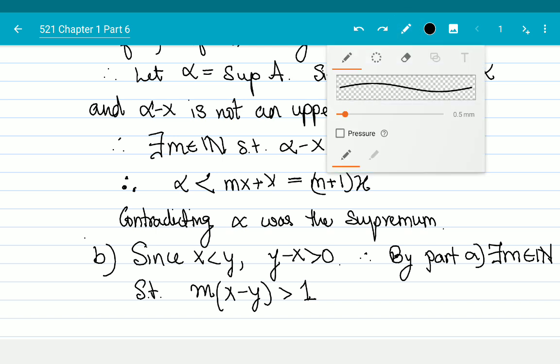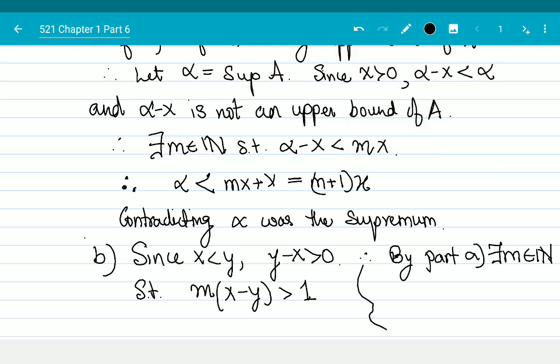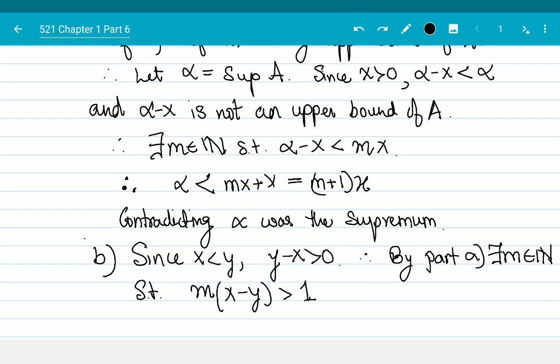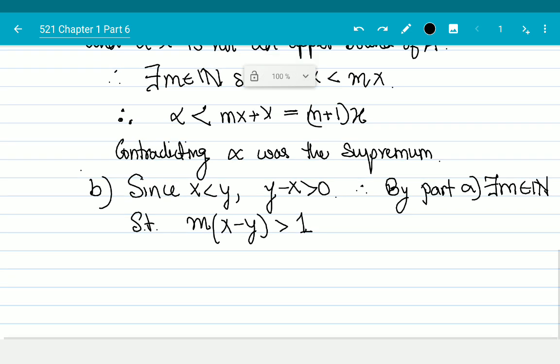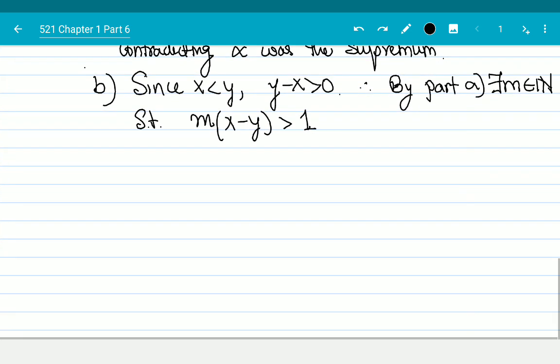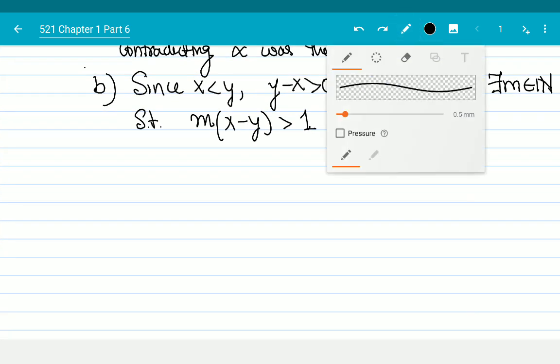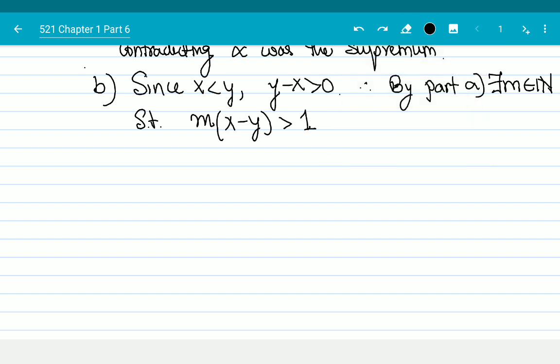Actually, let me call this n, because my fraction is generally going to be m over n, so I want this to be n times (y minus x) greater than 1.